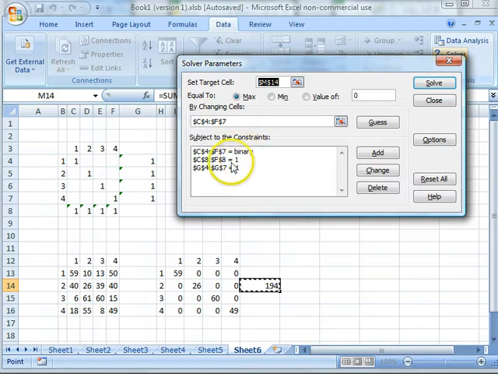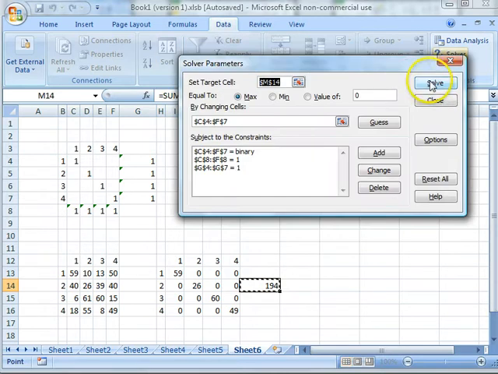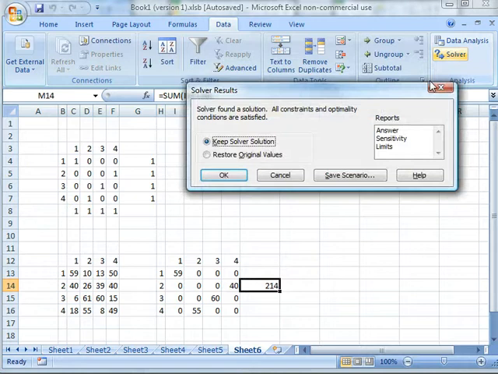Okay, so those are the 3 constraints that we have. We have the binary constraints, and each one should be assigned to each other respectively, and those are the only constraints. The computer should take care of computing some of the combinations. The computer uses a smart algorithm to figure out which way to do it. Again, we're going to assume a linear model and non-negative decision variables, and we can solve it now.